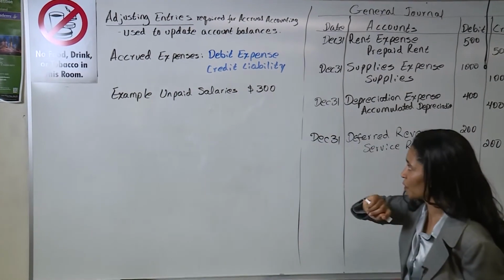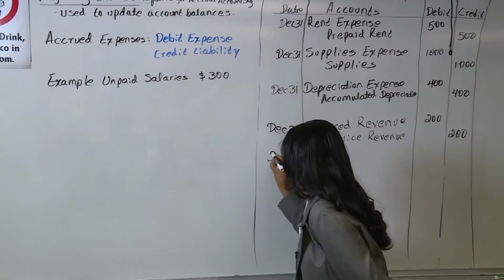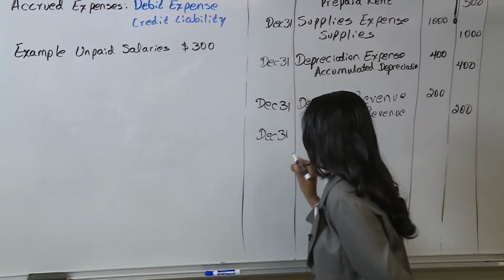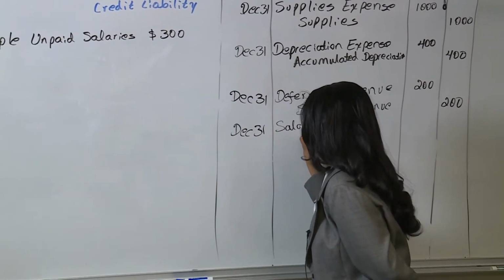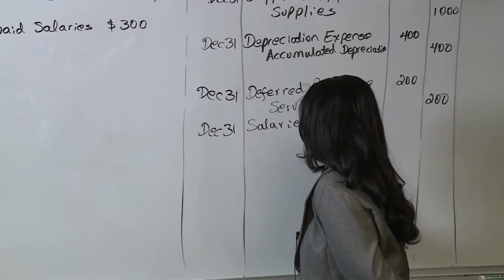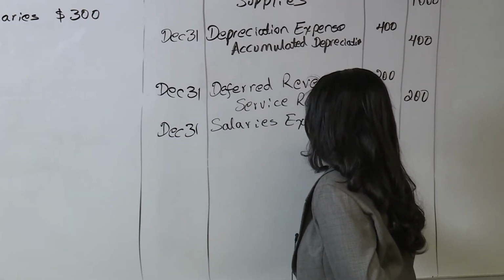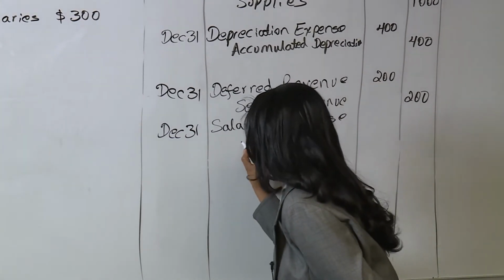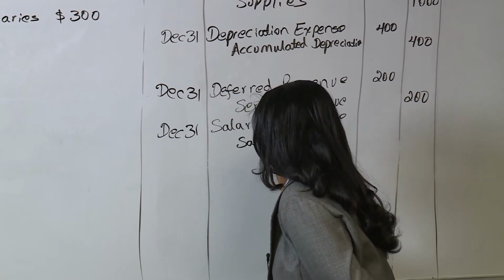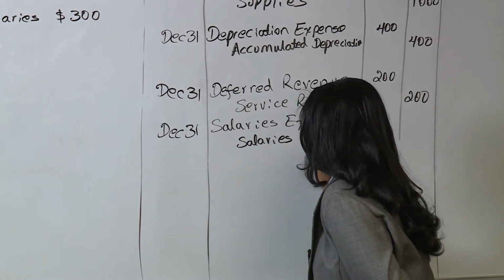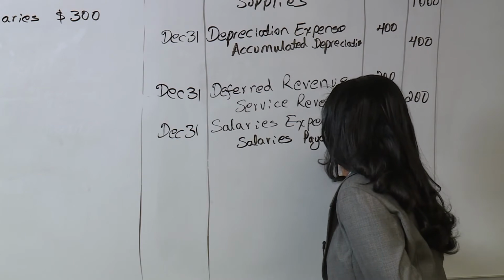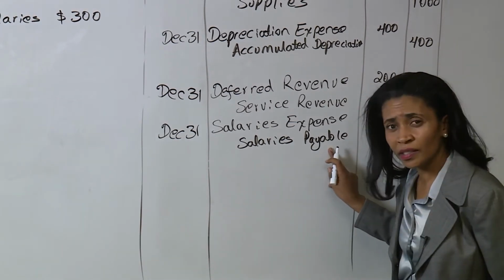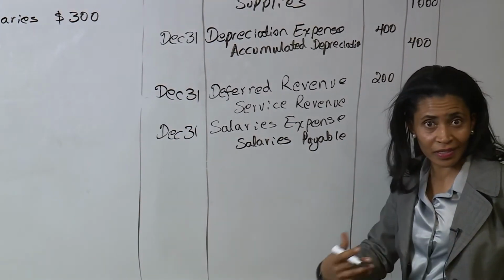So in this case, the journal entry for salaries is going to be, again, the same December 31st. I debit salaries expense, and then I credit salaries, pay attention to this, payable. If you remember in our earliest discussion, a payable account is a liability.